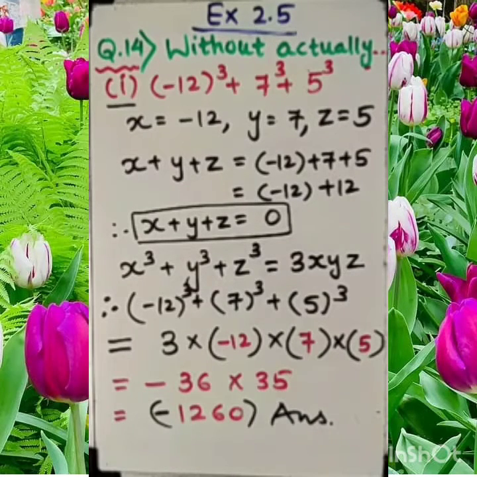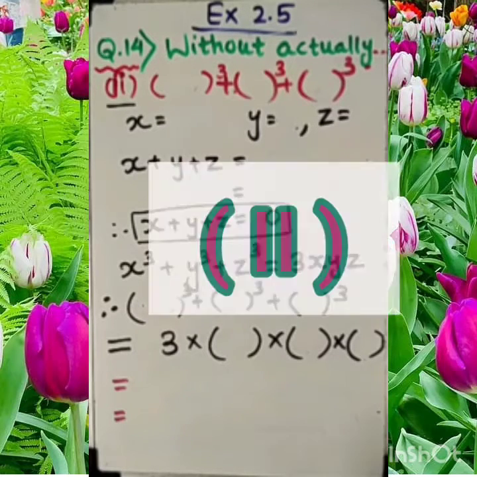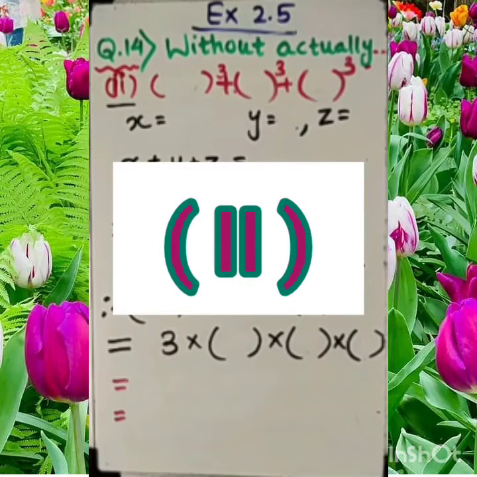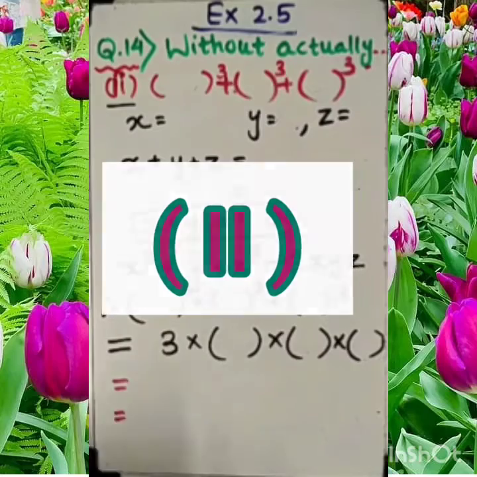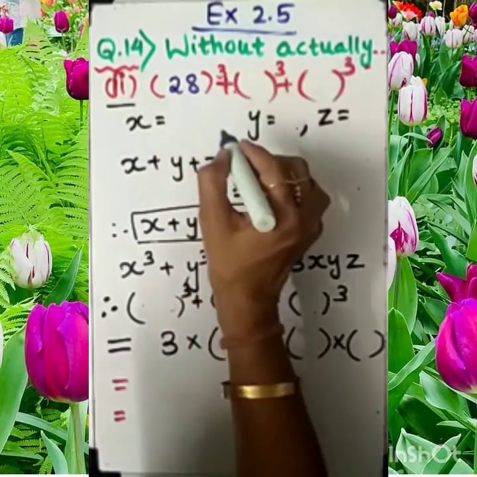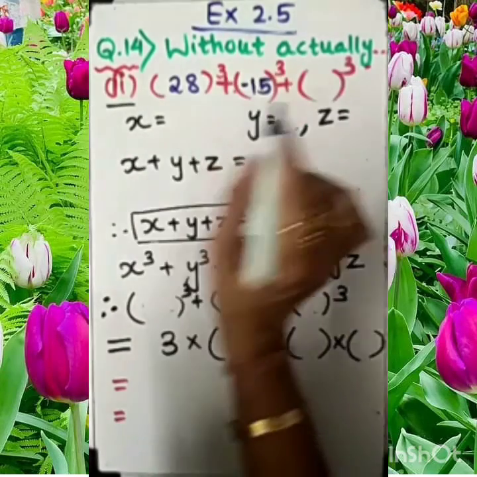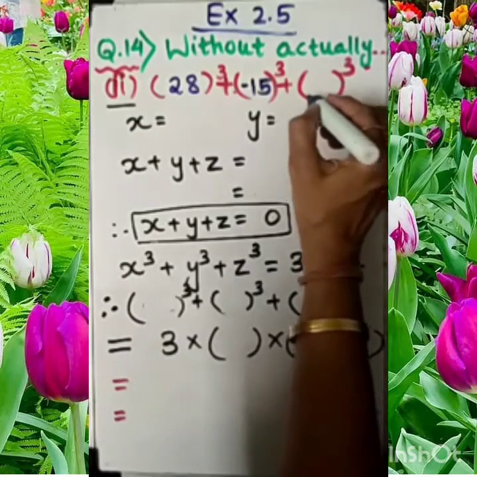Let's see the second question of the same type. So, my dear student, the question number 14, the second question. What we are given? Let's note down. The question which we are given is 28 cube, then minus 15 cube, and we are given minus 13 cube.